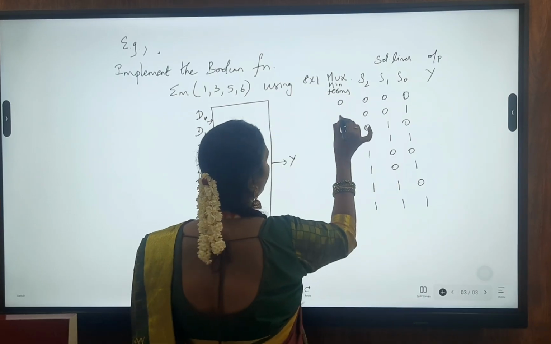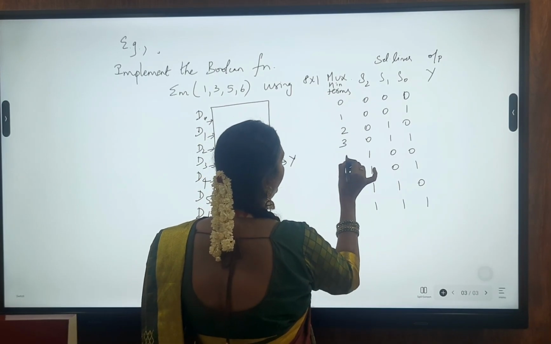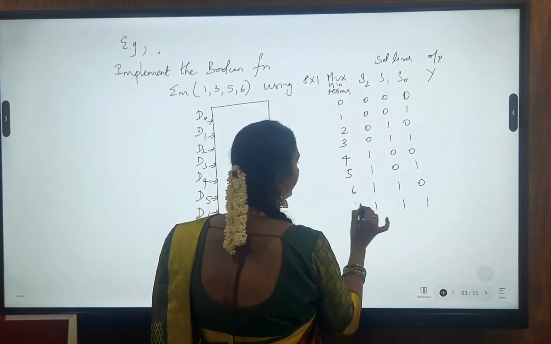So here it is 0, 1, 2, 3, 4, 5, 6 and 7.